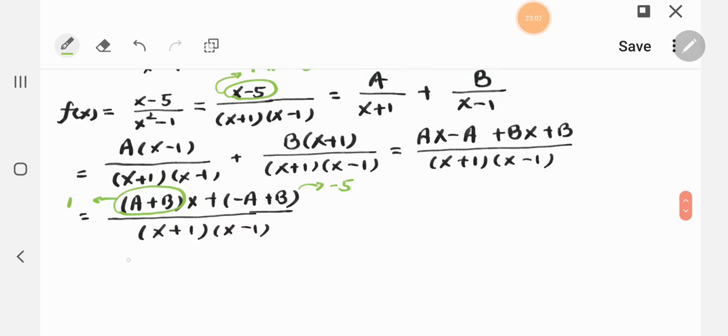Okay, so we will have two equations. One is a plus b is equal to 1, and negative a plus b is equal to negative 5.